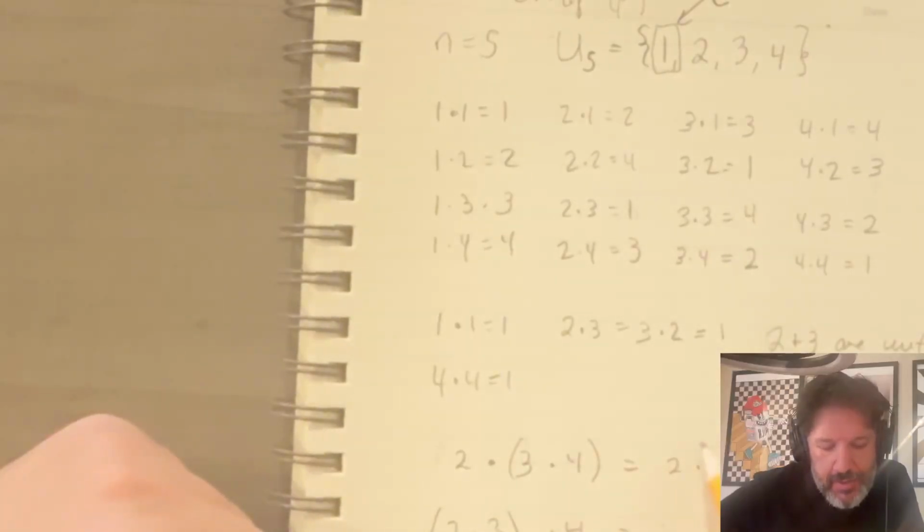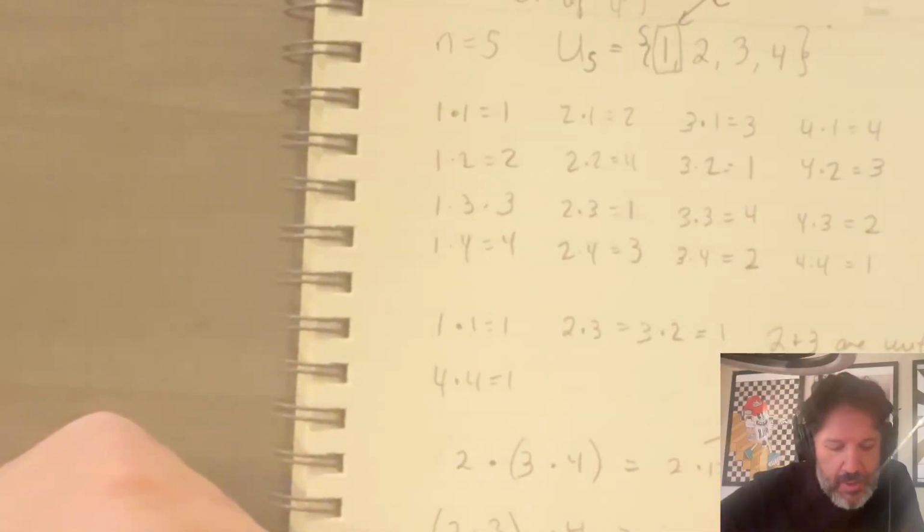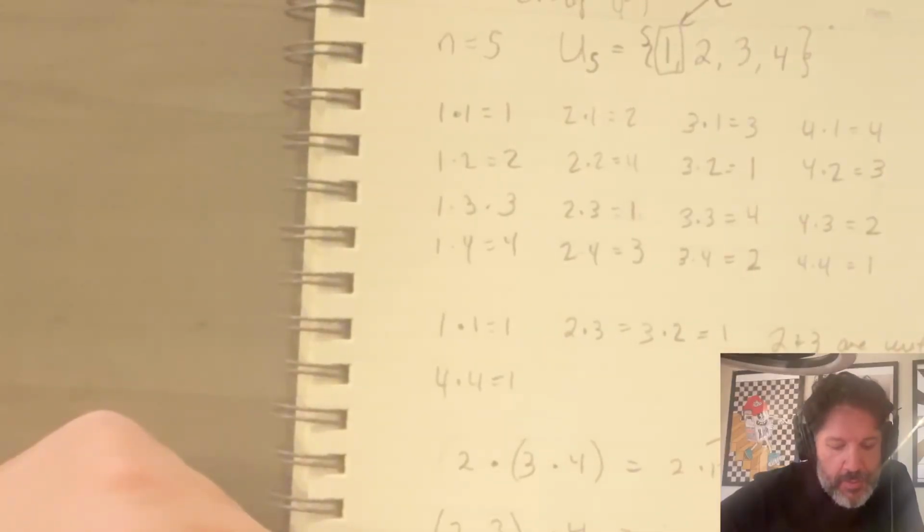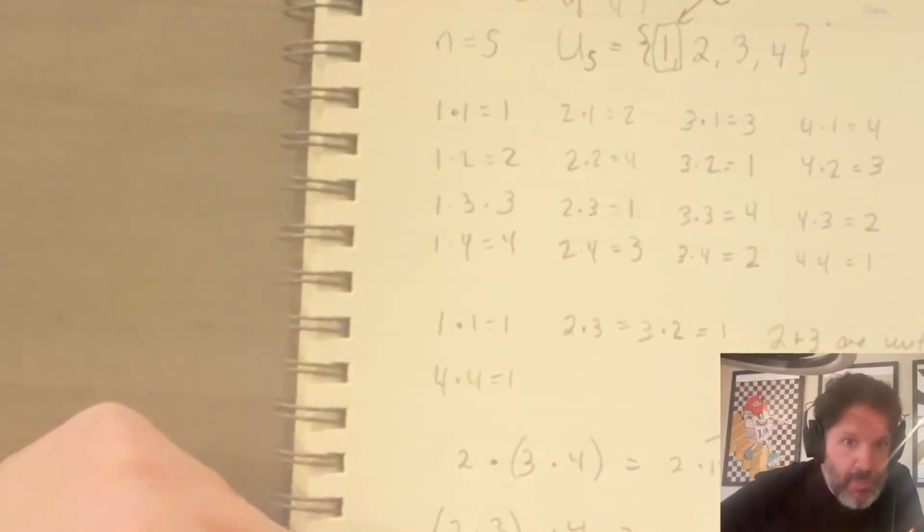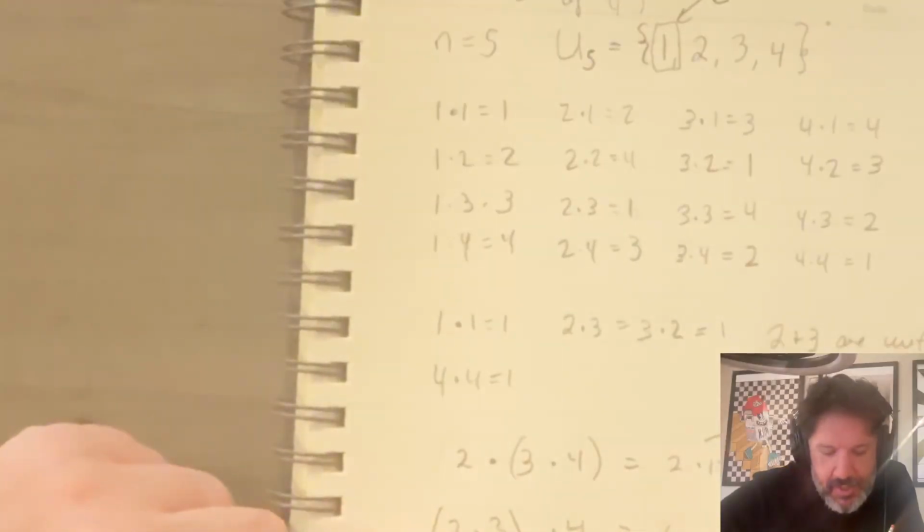I would have said that 2 times 12 is 2 times 2, and that equals 4, because there is no such thing as 12 in my system. Now if we do 2 times 3 first, that is 6, times 4. Remember 6 mod 5 is 1. So that's 1 times 4, which equals 4.